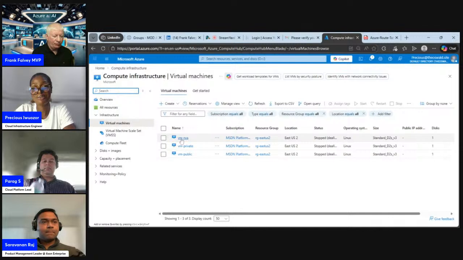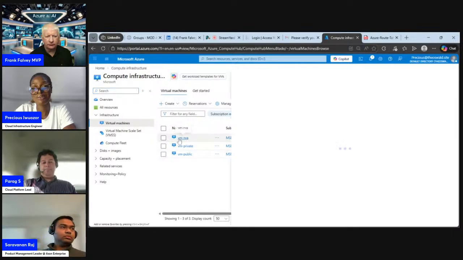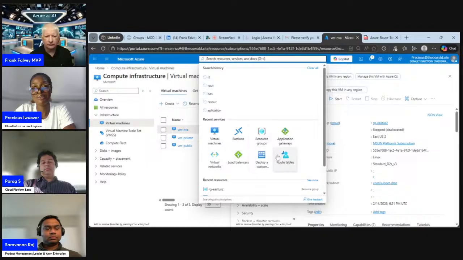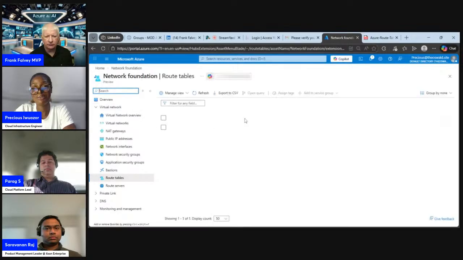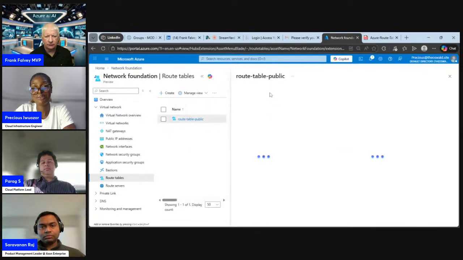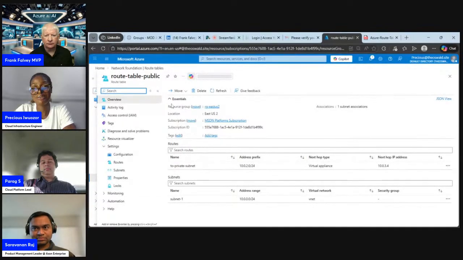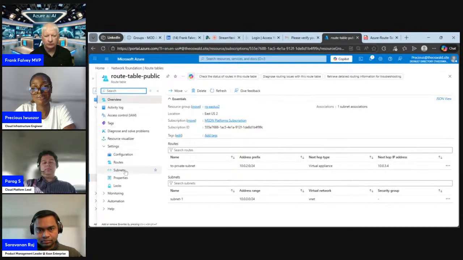Then this other one is also deployed to the DMZ subnet, which is my NVA. Now, I have also configured the route rules. I have created my route table because I didn't want to take too much time. I can actually take a lot of time to do this, but I created the route table.